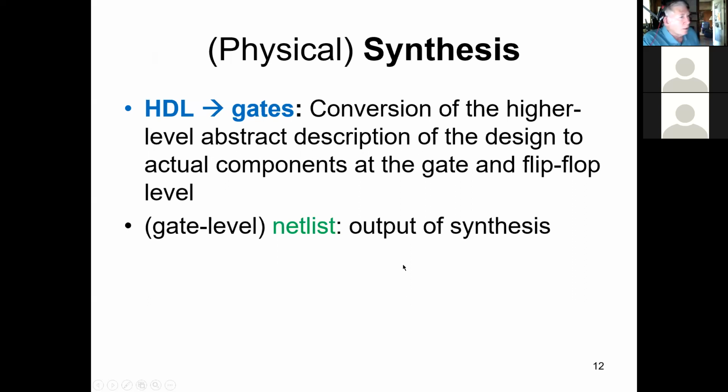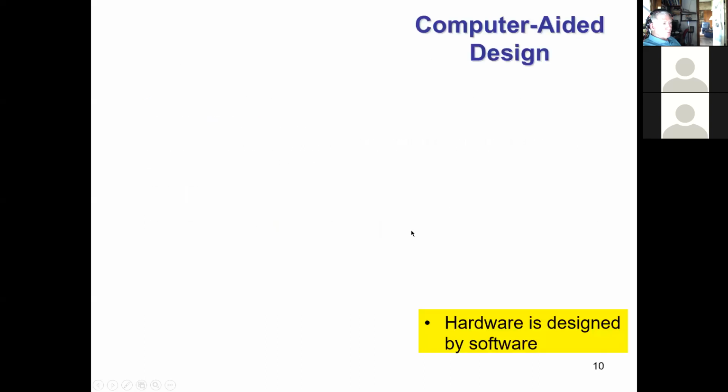Okay, so we write the code in hardware description language. The synthesizer turns it into gates, and what it really does is come up with this gate level net list. That's what the synthesizer outputs. It's a big net list. And then the router placer, let's see, forgot.